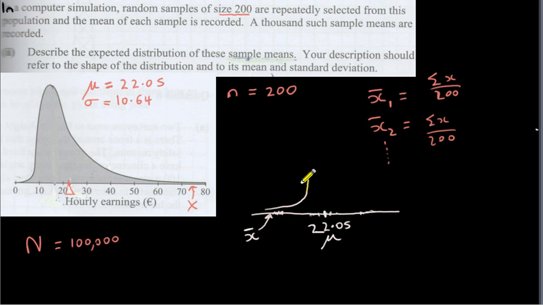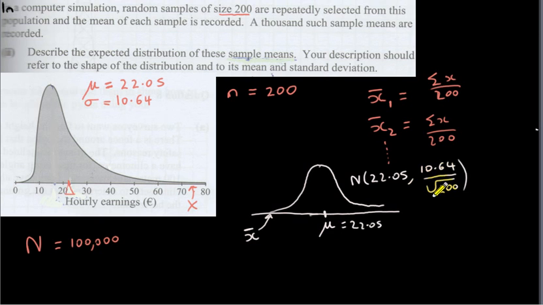We'd actually have an approximately normal distribution centered at mu equals 22.05. The standard deviation of this normal distribution will be given by sigma over the square root of n. So here is sigma for the population distribution, which is 10.64, divided by the square root of n, where n is the sample size, n is 200.